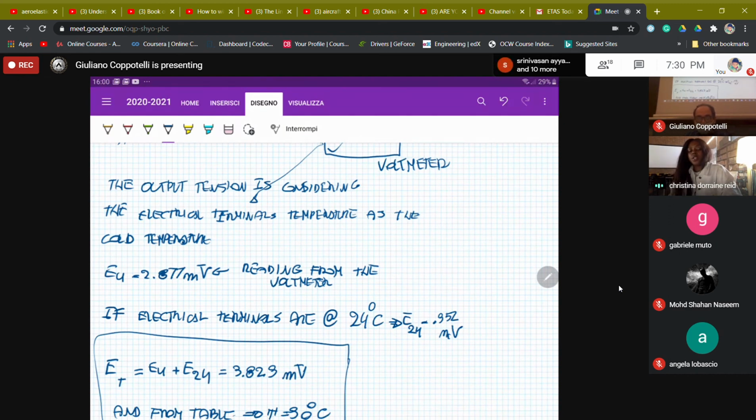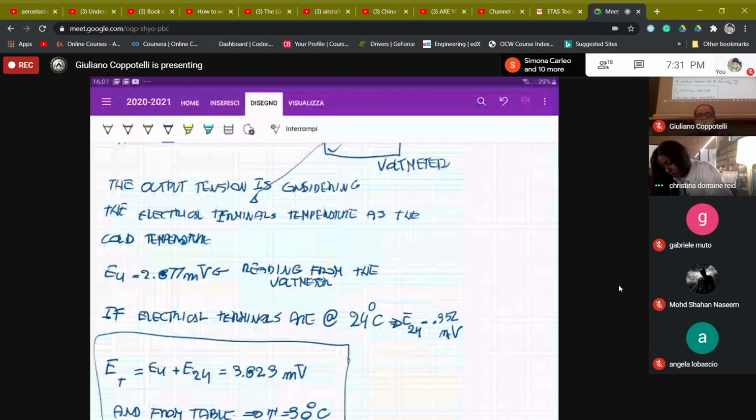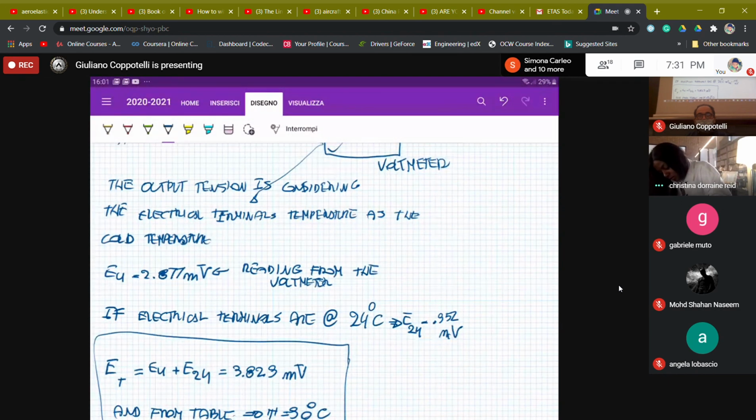It is the output tension referred to 0 degrees Celsius of the same thermocouple with the hot junction at 24 degrees. 24 degrees is the temperature of the electrical terminals, and of course, you need to know that temperature.